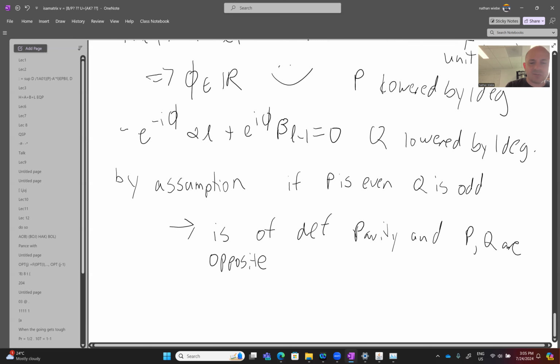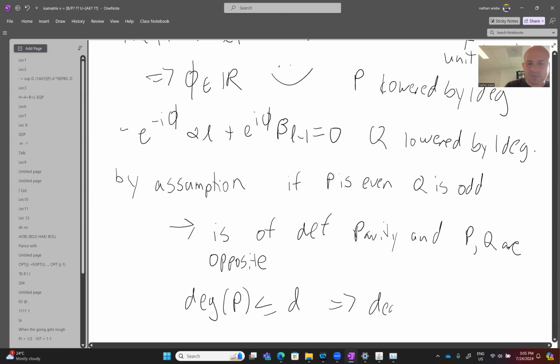And further, if the degree of p is valid, less than or equal to d, then this implies that the degree of the reduced one, I'll call it p tilde in this case, is less than or equal to d minus 1. And this implies also that it's valid.